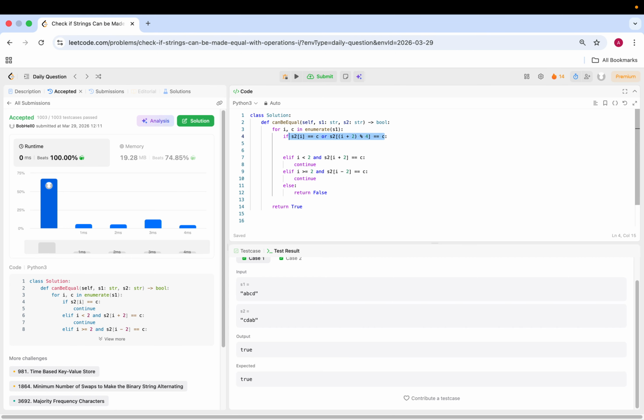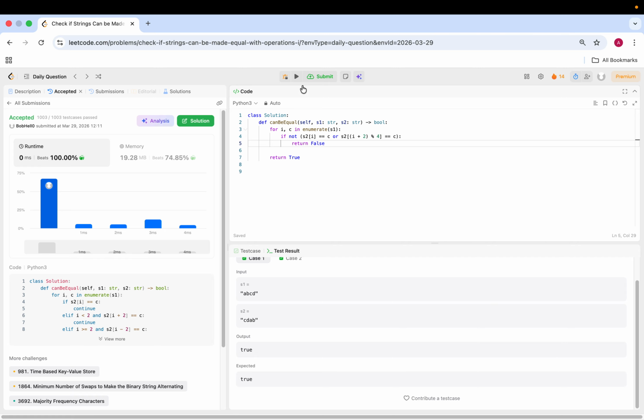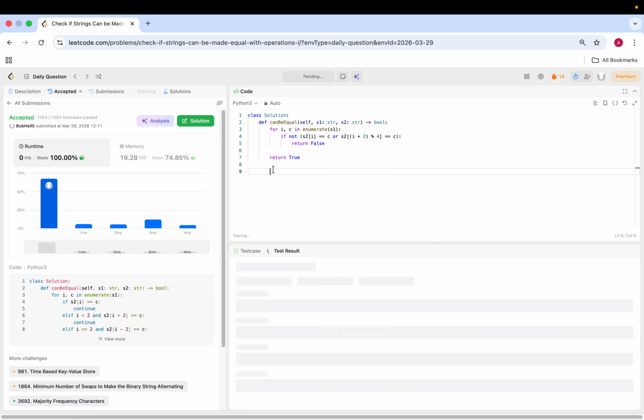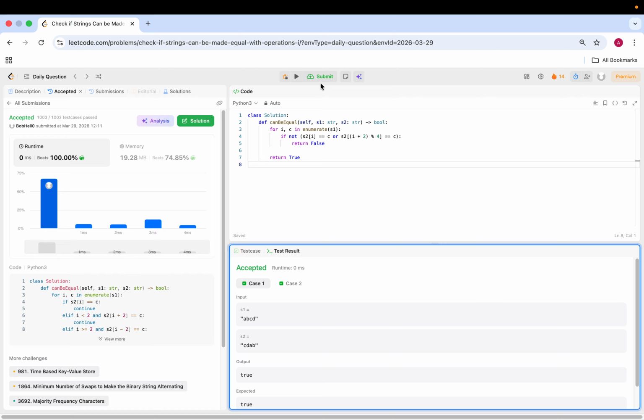So this is the valid case. So if I negate it, then return false. I personally prefer the first way because I think it's easier to understand what's happening, but this is shorter, so it looks pretty, I guess.